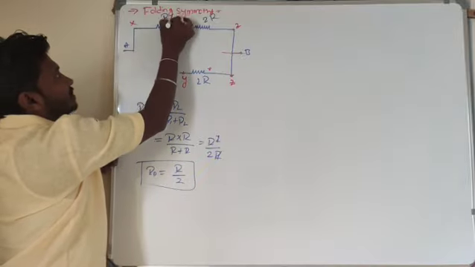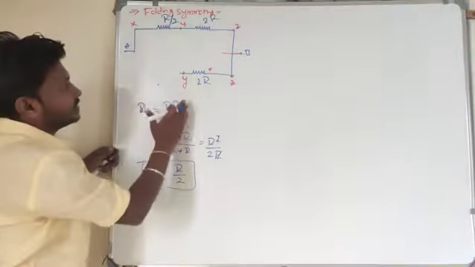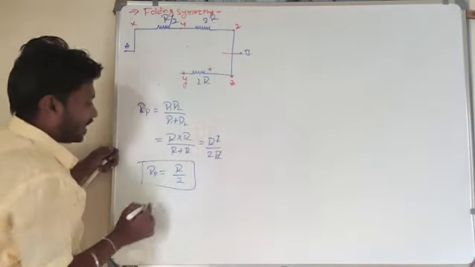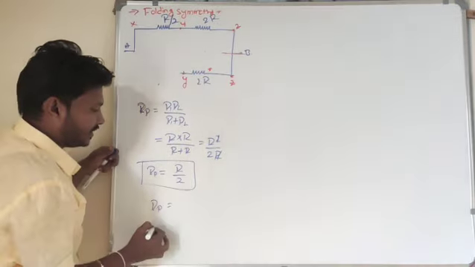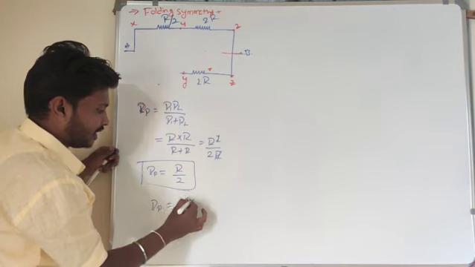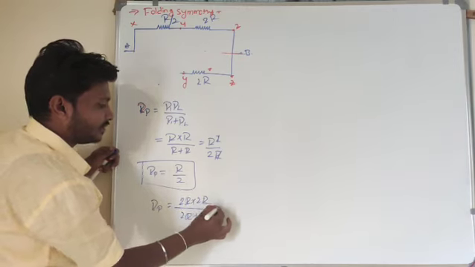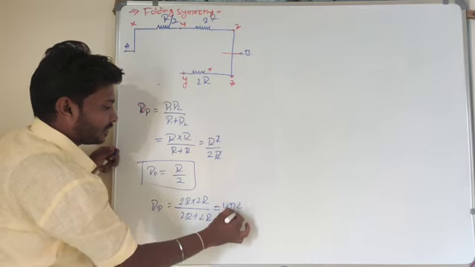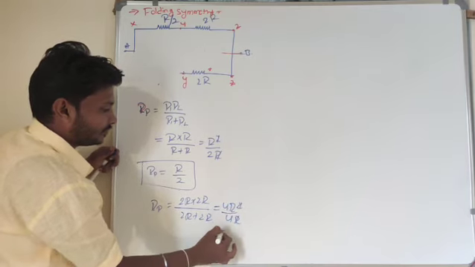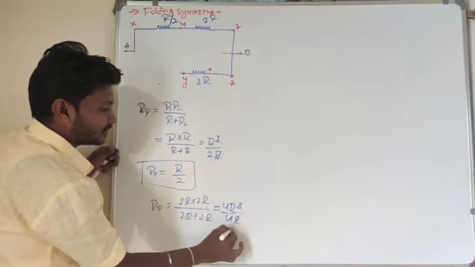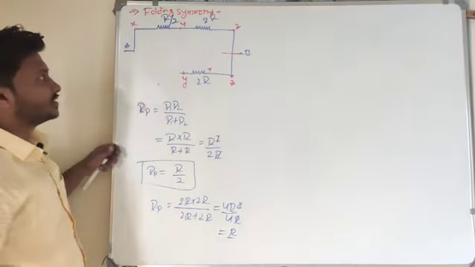Its value is R by 2. Now look here, 2R and 2R. Just doing the mathematics: 2R into 2R divided by 2R plus 2R, that is 4R squared by 4R, so the term R is left.